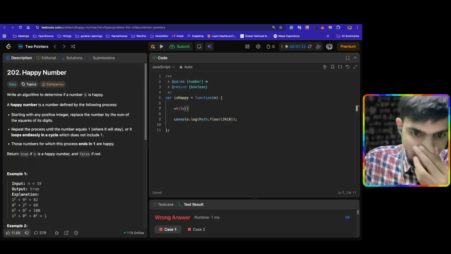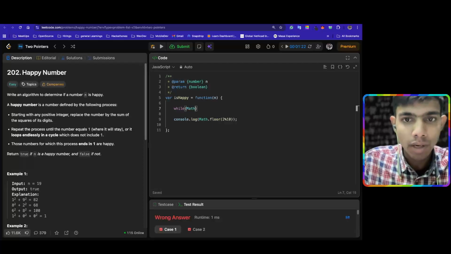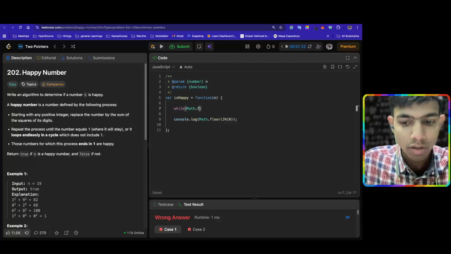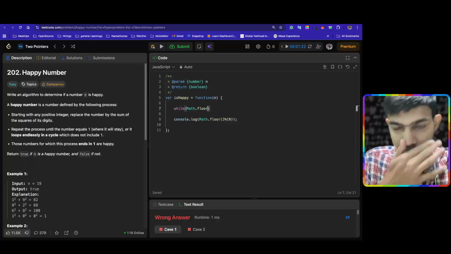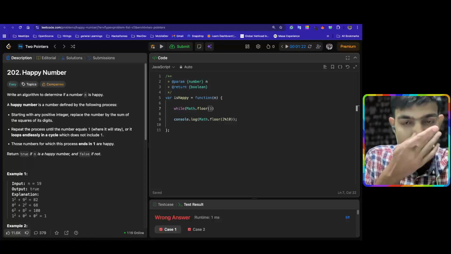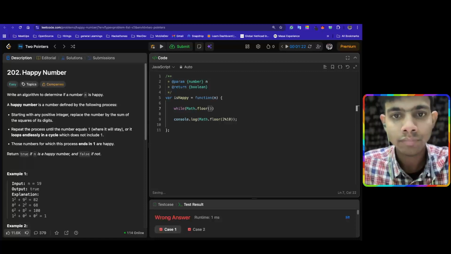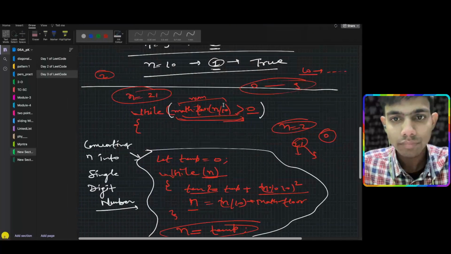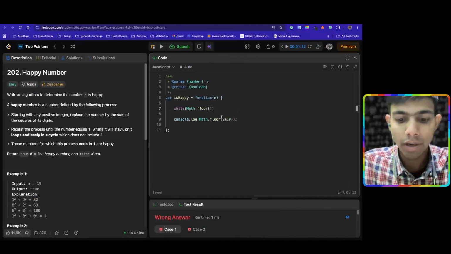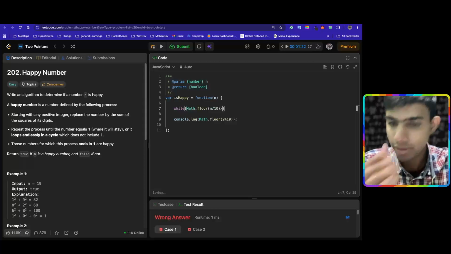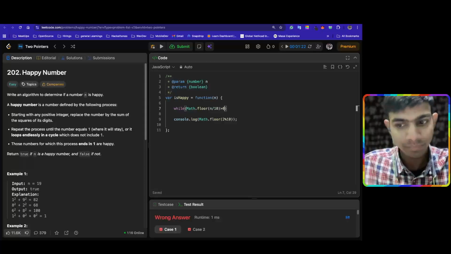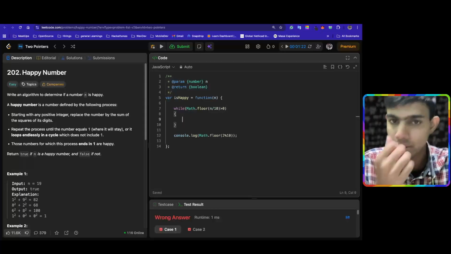While Math.floor of n divided by 10 is greater than 0, that means it's not a single digit number.